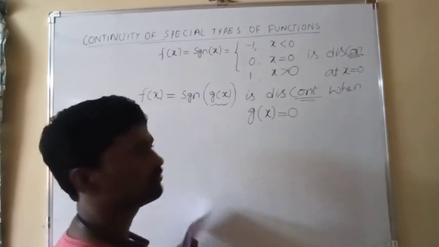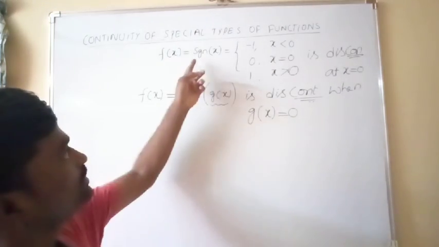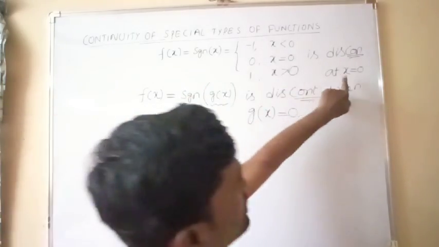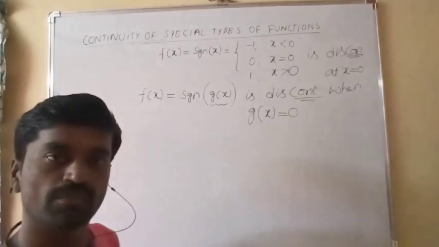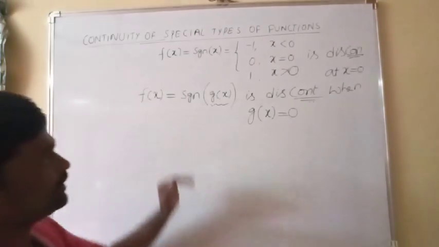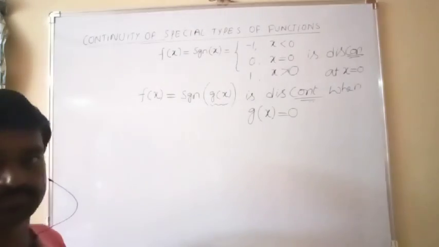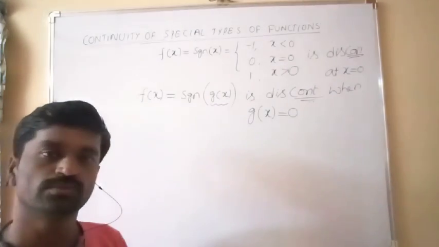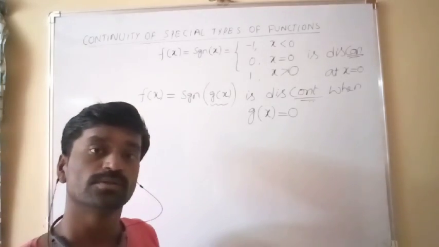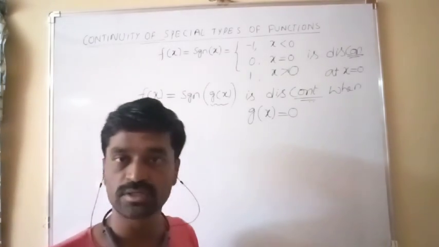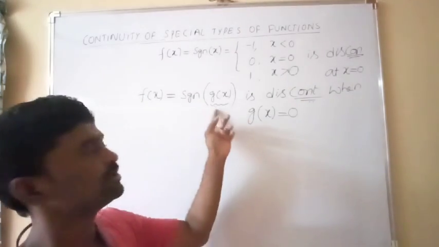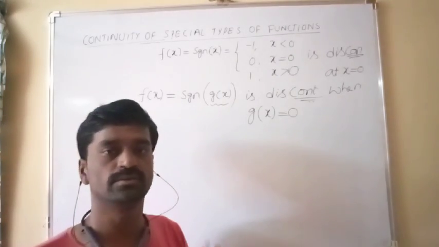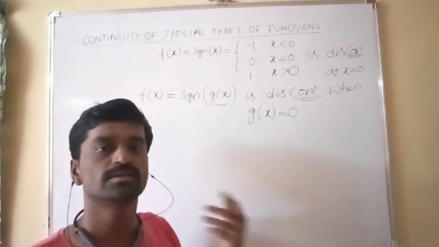Suppose g of x is never 0, then signum of g of x is continuous everywhere, meaning continuous in its domain.